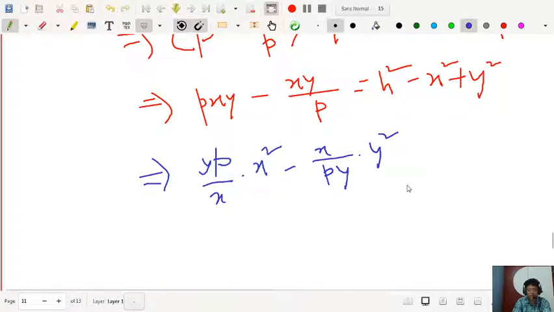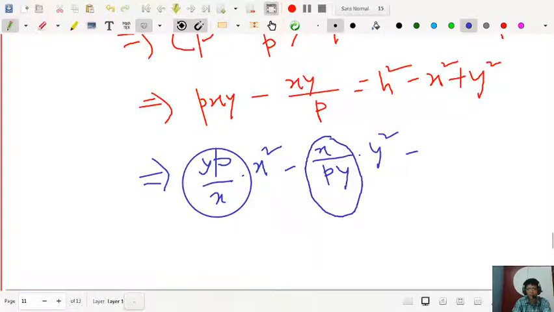Got it, right? Look at that, you have yp by x, you have yp by x, so it will be easier for you to transform the equation in terms of q. So let me now transform the equation.